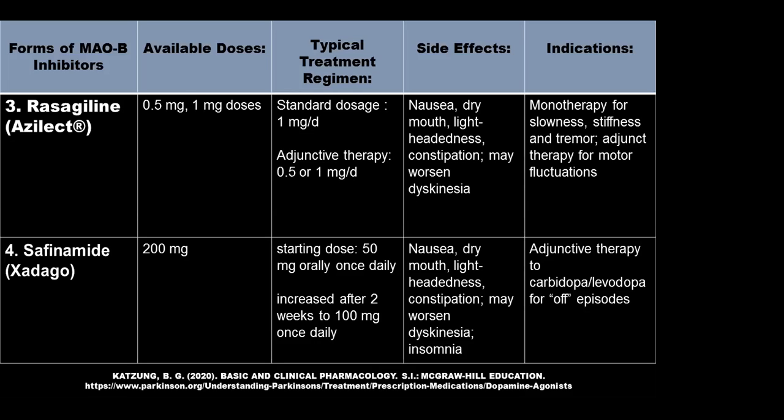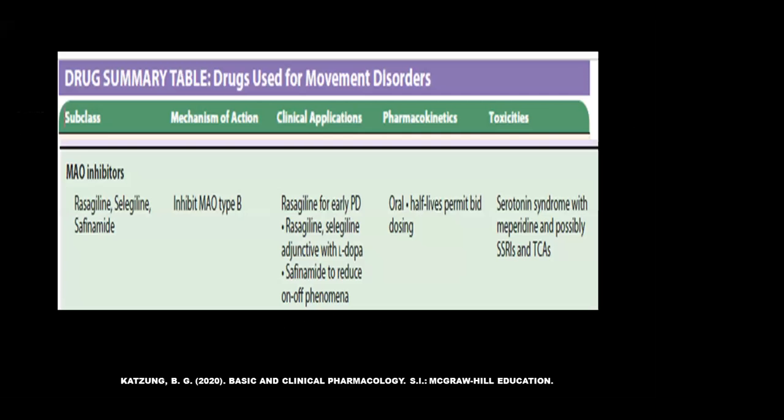The starting dose is 50 milligrams, given orally once daily, but it is increased after 2 weeks to 100 milligrams once daily. Next, please. So this would be the summary of the MAO-B inhibitors. Thank you.